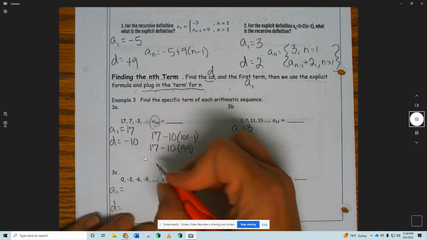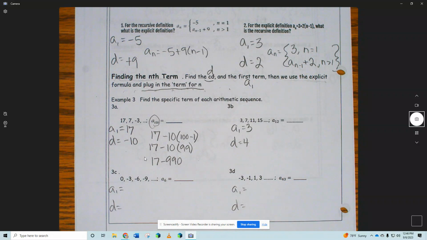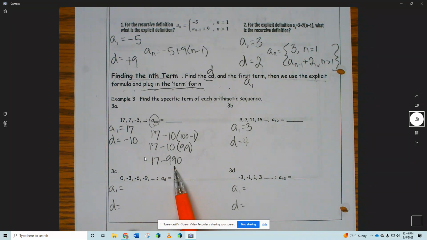So it's like 17 minus 990, right? But try and put it in 10 parentheses 99. See if that works. I did 990 in my head, but try on your calculator. 17, subtraction sign, 10, parentheses, 99, parentheses. See if you still get.